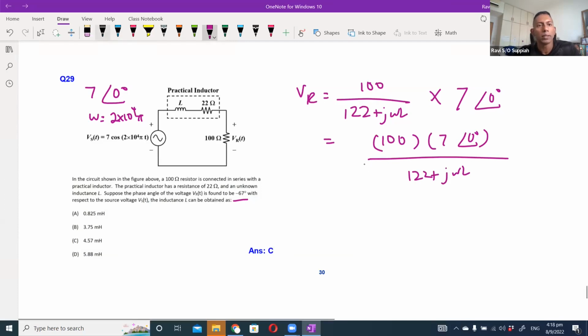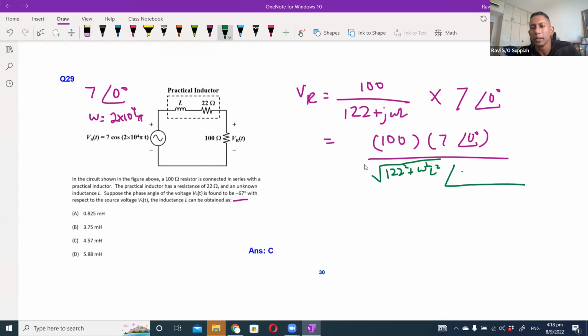Now, for this 122 plus j omega L, let me put it in polar form so it's easier to see. This will be the square root of 122 squared plus omega squared L squared, and the angle would be the inverse tangent of omega L over 122.